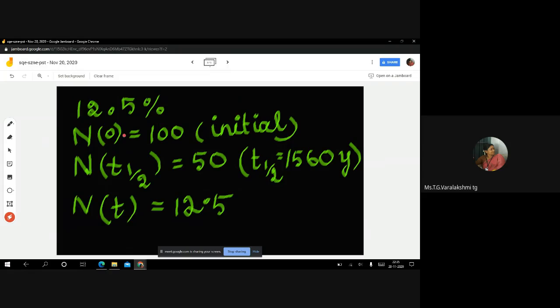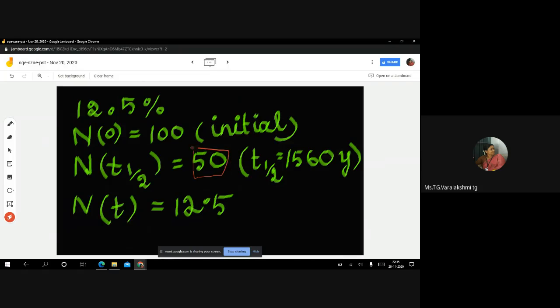I should find. N of 0 is 100, because whenever it is given in percentage, the initial number of radioactive nuclei will be 100. And half of this, that is 100 divided by 2, is going to be 50.